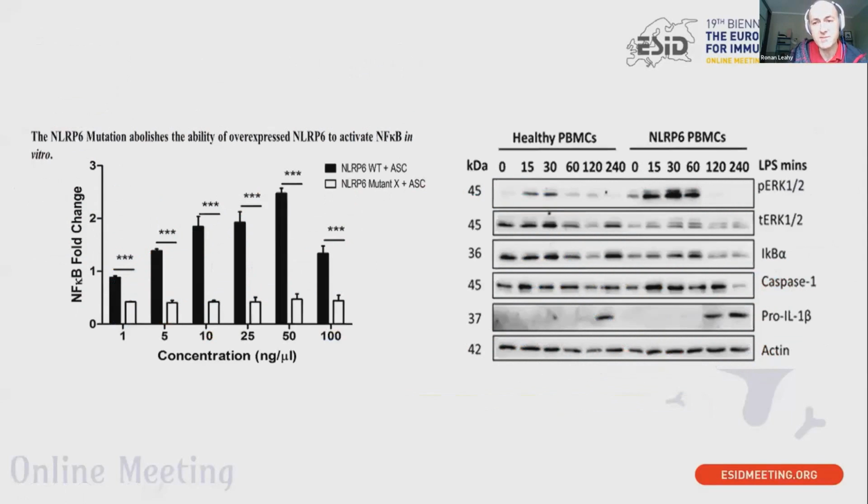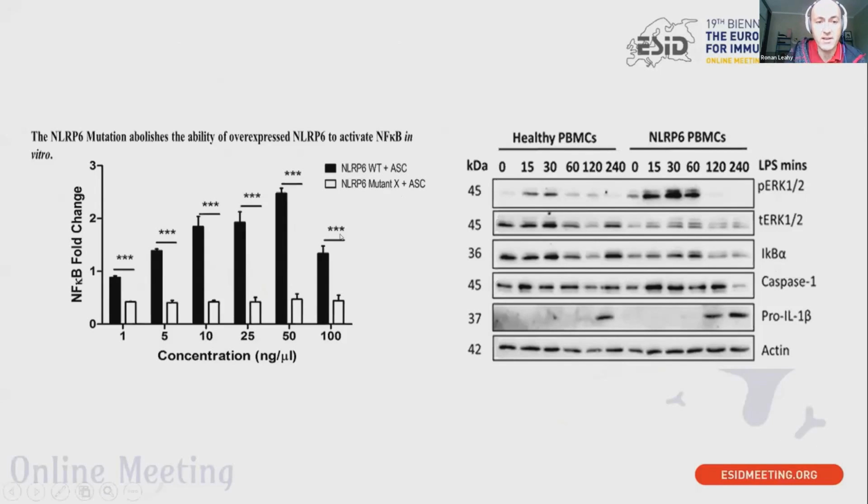NLRP6 works in 2 ways. One way it works is it regulates the NF-kappa B pathway. So with site-directed mutagenesis, we introduced the mutant protein into HEK293 cells.